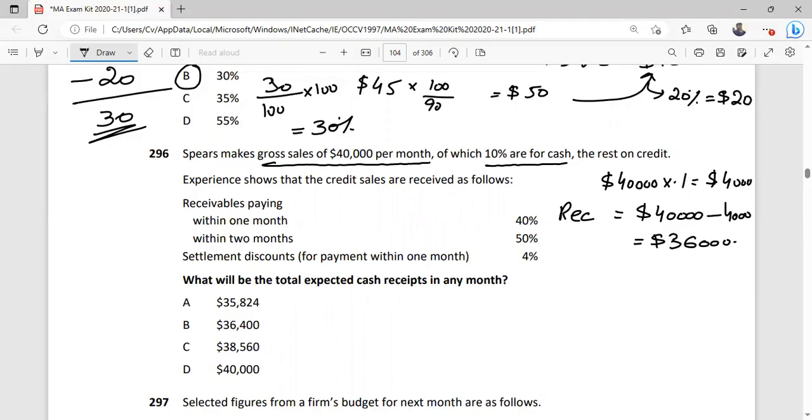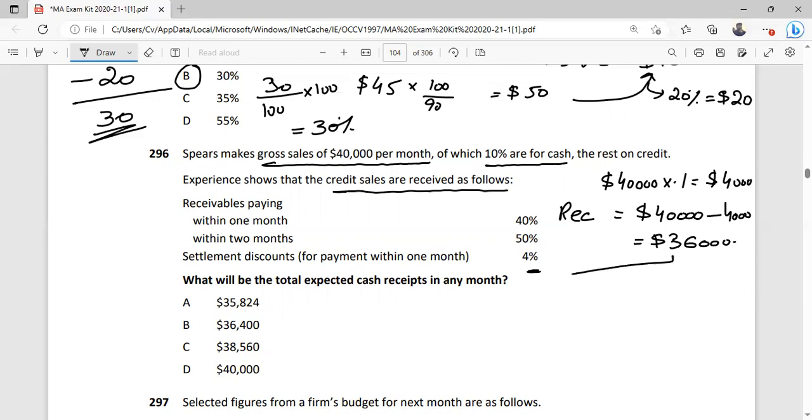Experience shows that credit sales are received as follows. Receivables paying within one month of this receivables amount of $36,000: 40%, within 2 months 50%, and 4% is the settlement discount payable within 1 month.